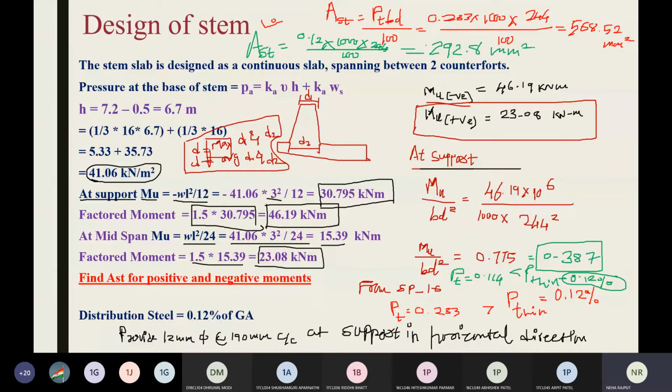Right, now as you have taken the support diameter 12 mm, here also you can consider 12 mm diameter for uniformity throughout the length, so that the wastage of the reinforcement will be less, and you can provide the reinforcement throughout the length with different spacing where it is required. So this is 292.8 mm square, which in centimeter square will be 2.92 centimeter square.